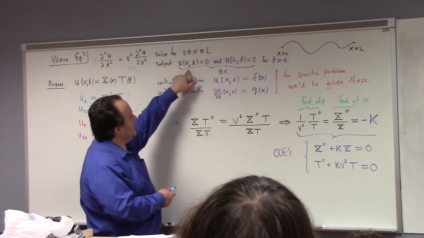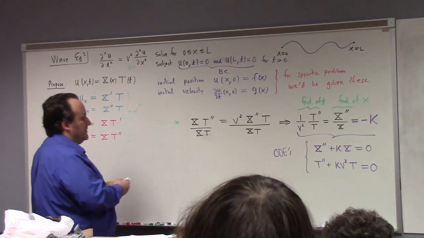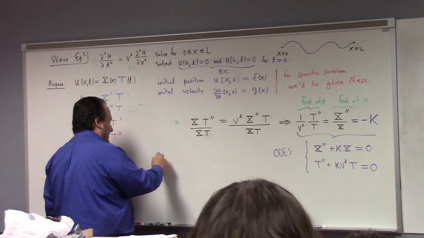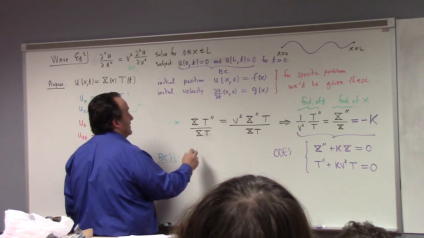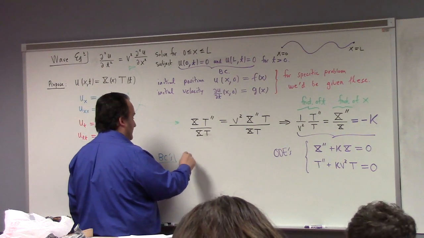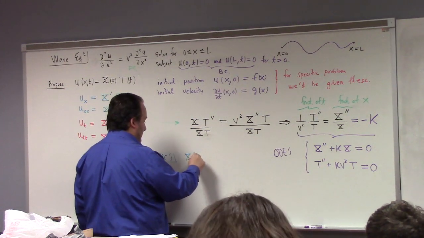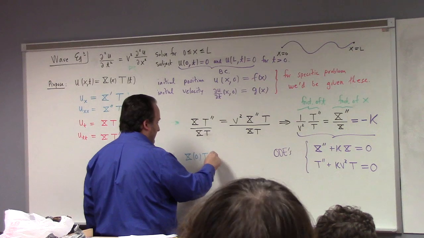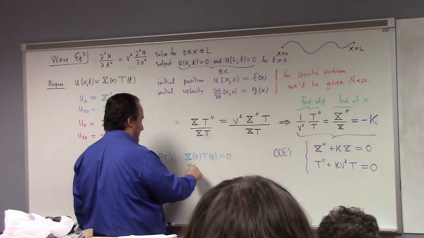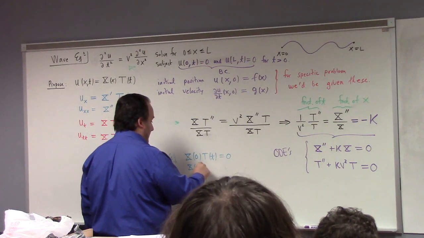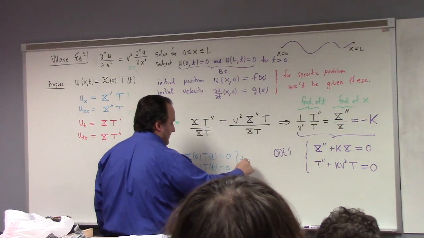But the point is, we have boundary conditions. So the next thing we did was we applied boundary conditions. The boundary conditions, as stated, imply that X of 0 times T of t is equal to 0, and they also imply that X of L times T of t is equal to 0, and these would be for t greater than 0.